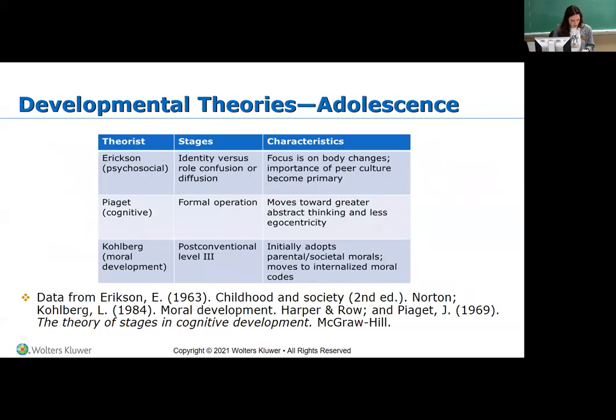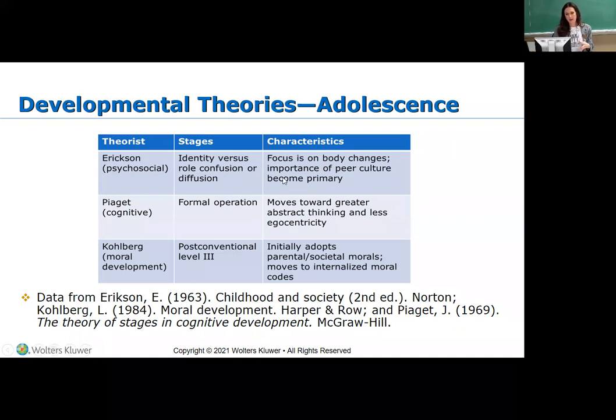Okay, so let's talk about developmental theories really quick. We know we use Erikson more often in nursing school, but do not forget about Piaget. Let's talk about Erikson first.